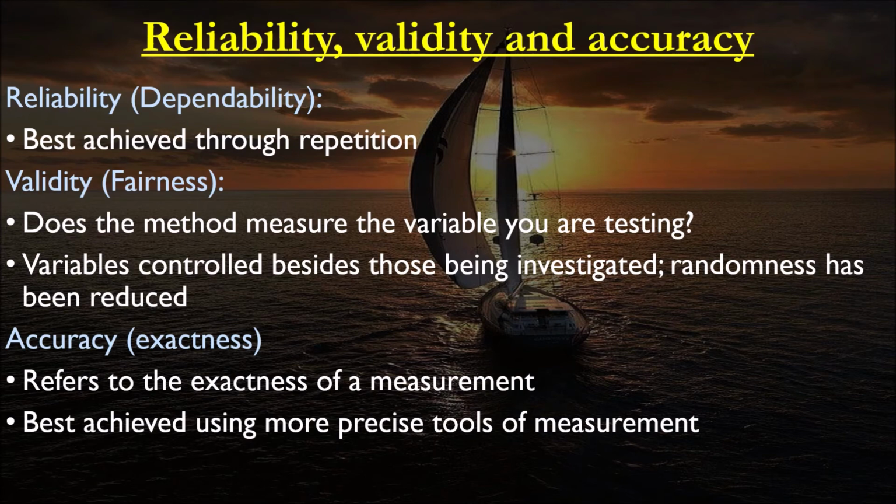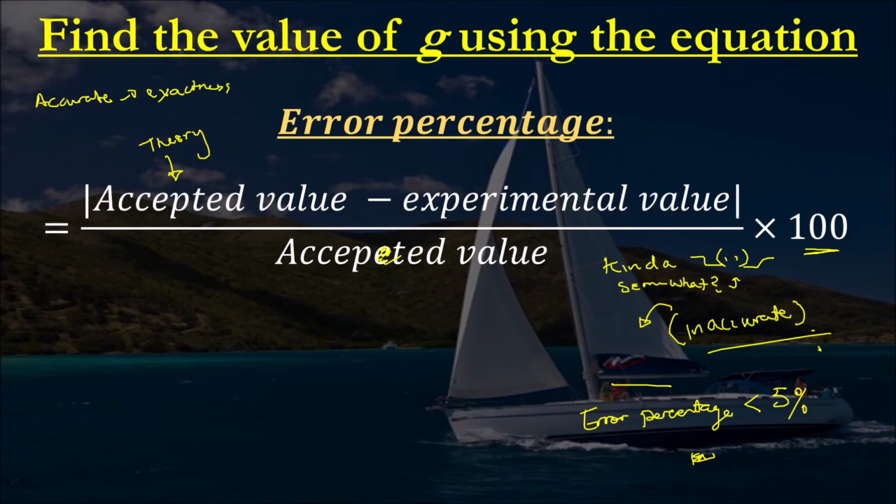Okay, just the last bit I want to emphasize, because you will have to do a little response writing for this. Reliability means dependability. The best way to get reliability is repeating your experiment, but the only way you really know if your experiment is reliable is for the same trials, you have consistent data. Okay, let's go back to the table and I'll show you what that means.